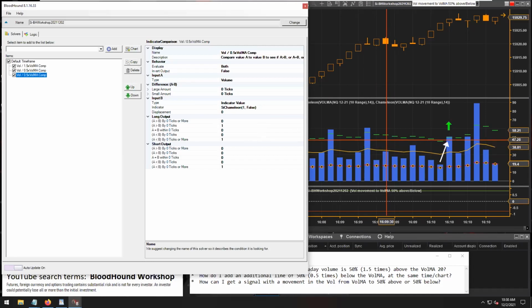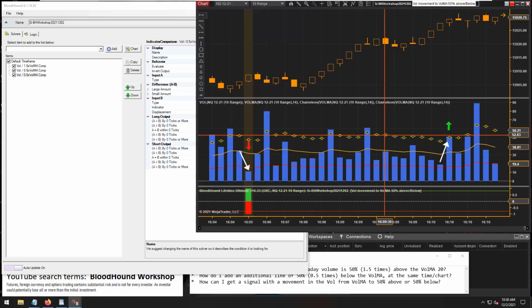The reason is that we had to use two different instances of Chameleon. Chameleon has one setting for the 150% of the volume MA, and then we had to change the settings to get this 50% of the volume MA.